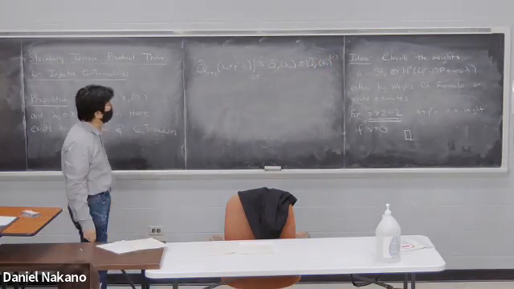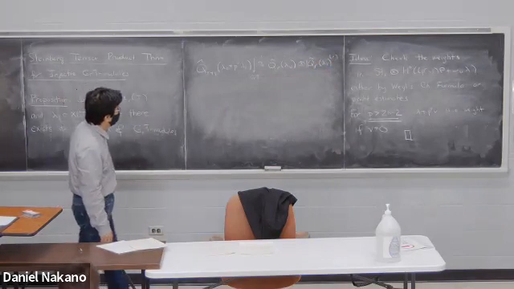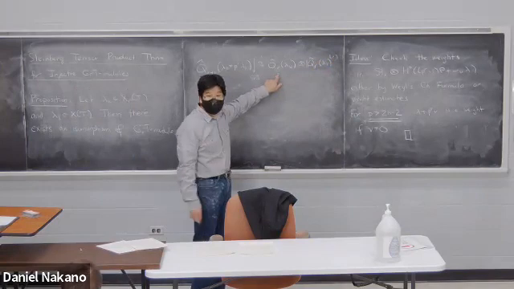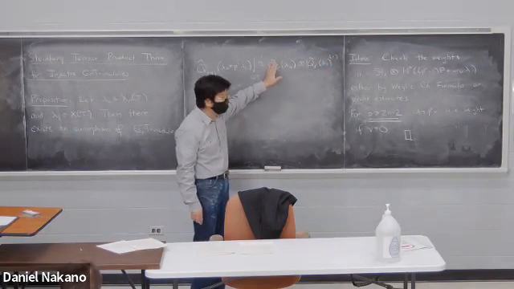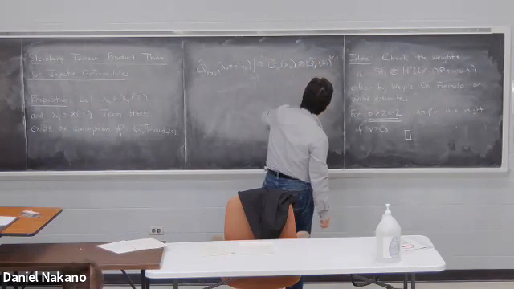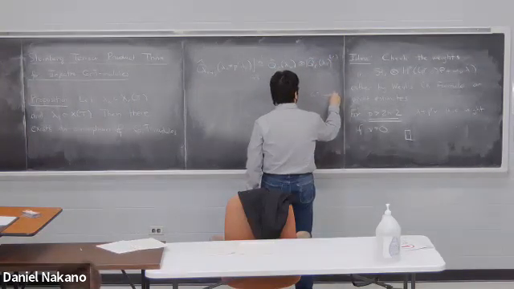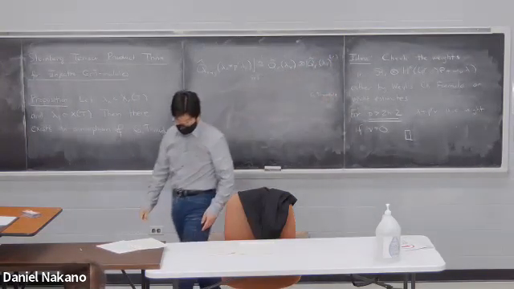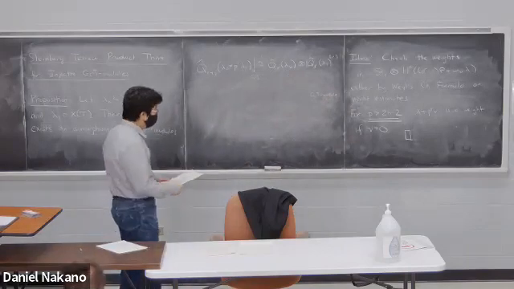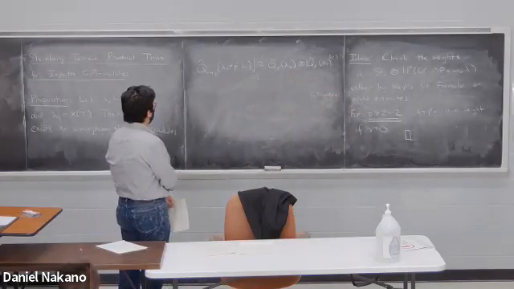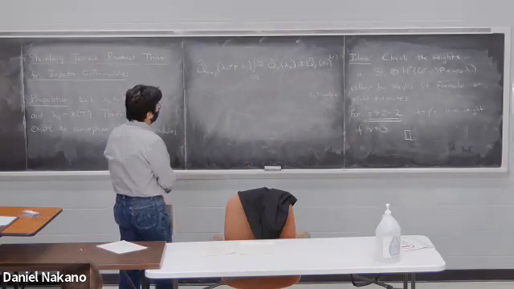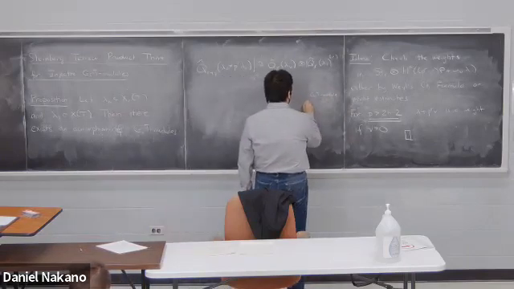Okay, so let's analyze this for a second. First of all, this is definitely a G_rT module, no problem, right? What about this one? Well, this one is a G_1T module. And G_r is going to act trivially on it. So that means it can be a G_rT module with G_r action trivial.